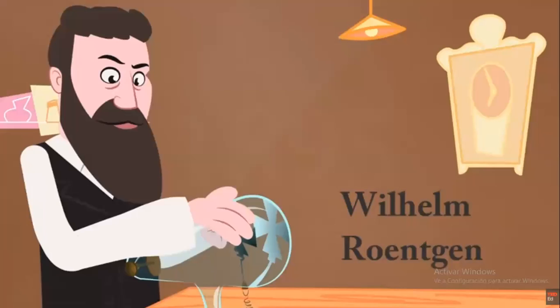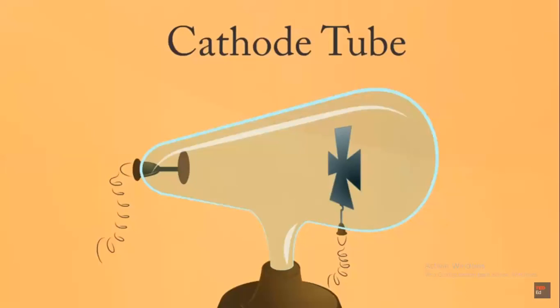Imagine it was year 1895. We had this scientist here, who was Wilhelm Röntgen. Okay, he was once having some experiment with a cathode tube.